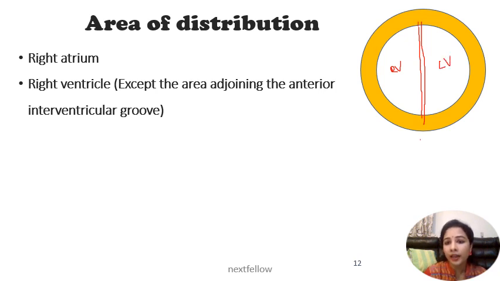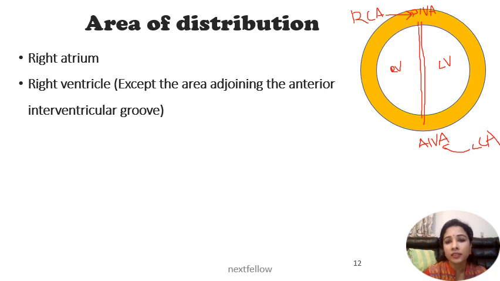Here is the anterior interventricular artery and this one is the posterior interventricular artery. The anterior interventricular artery is a branch of the left coronary artery, whereas the posterior interventricular artery is mostly a branch of the right coronary artery if it is a right dominant heart.